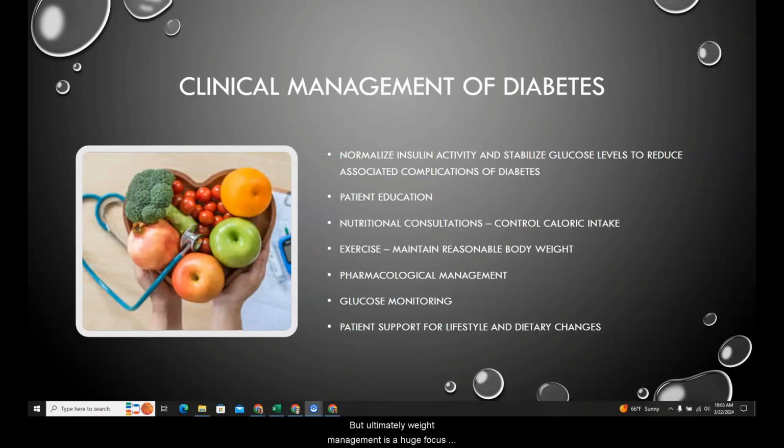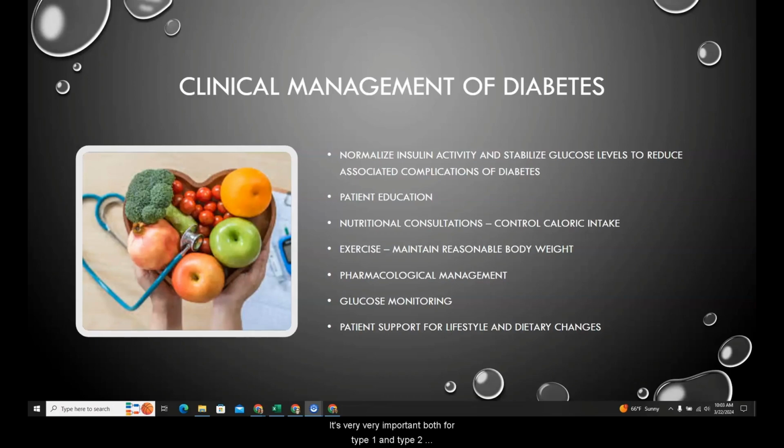But ultimately, weight management is a huge focus. If we can get them, and this is speaking specifically to your type 2 diabetics because they're typically obese, getting them to a healthy weight level is ideal in managing their diabetes.